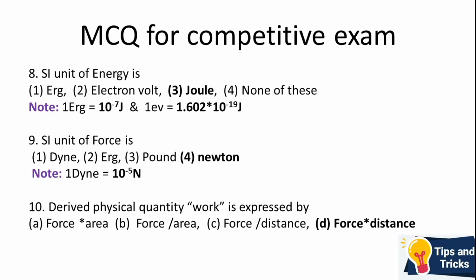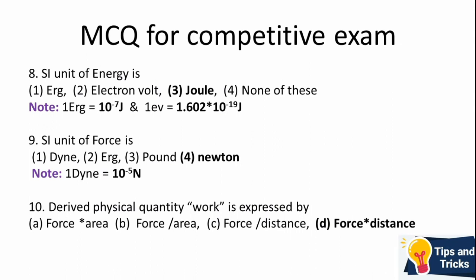So the question number 9, SI unit of force is, options given are option 1 dyne, option 2 erg, option 3 pound, option 4 Newton. So dyne is a CGS unit of force and erg is a CGS unit of energy and pound is a FPS unit of mass.